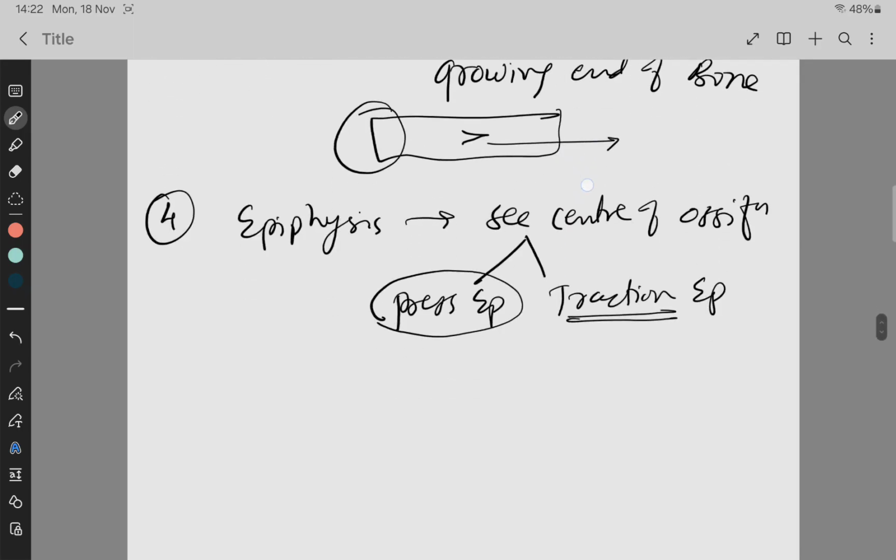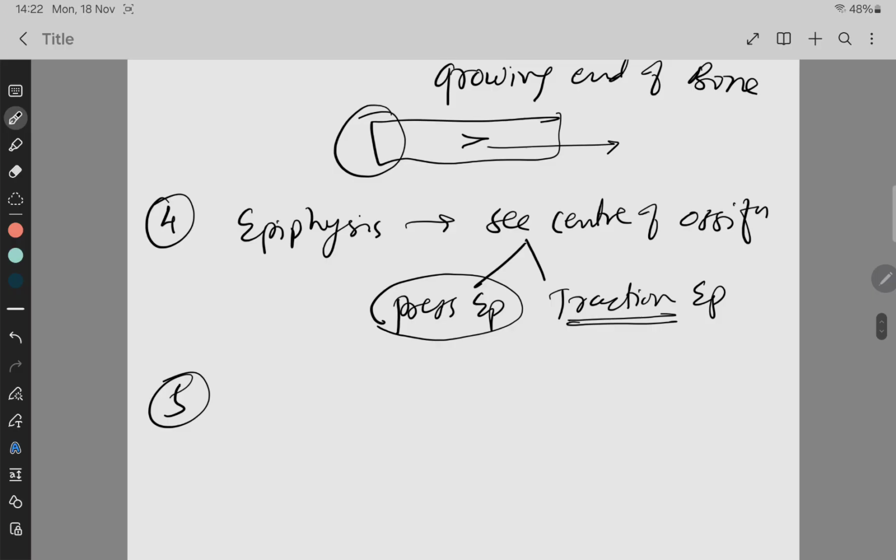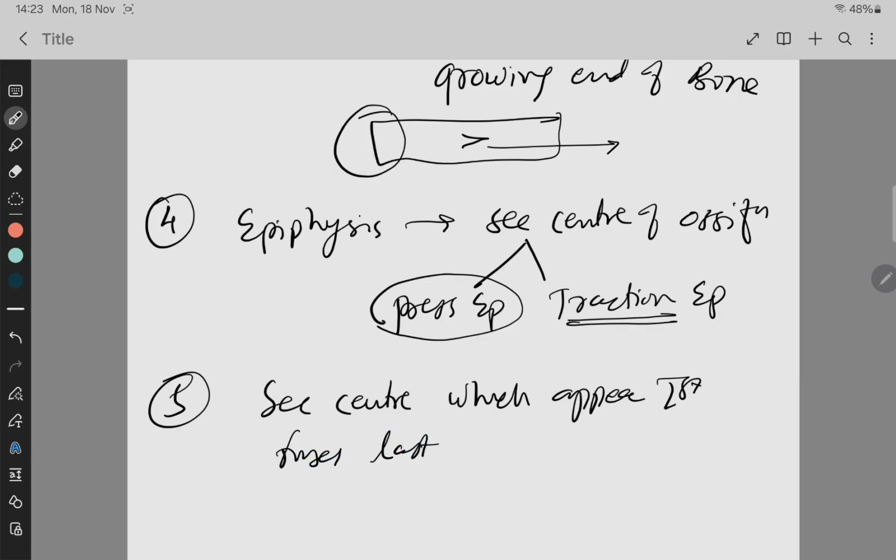The fifth law of ossification: the secondary center of ossification which appears first fuses last with the shaft.